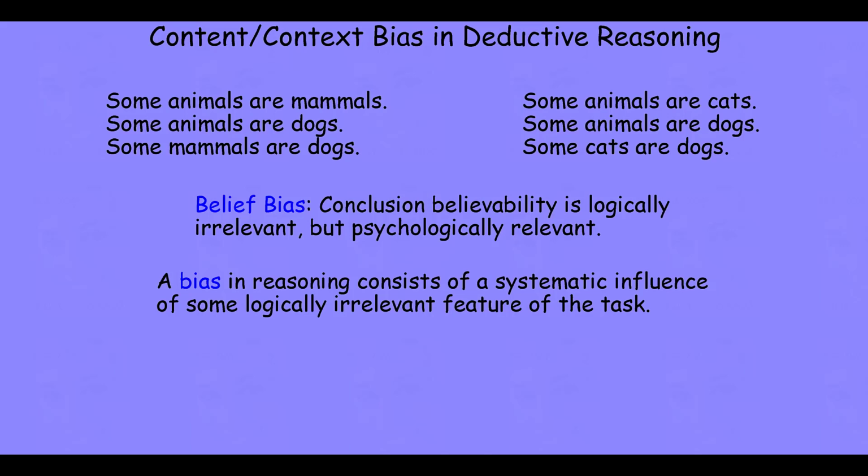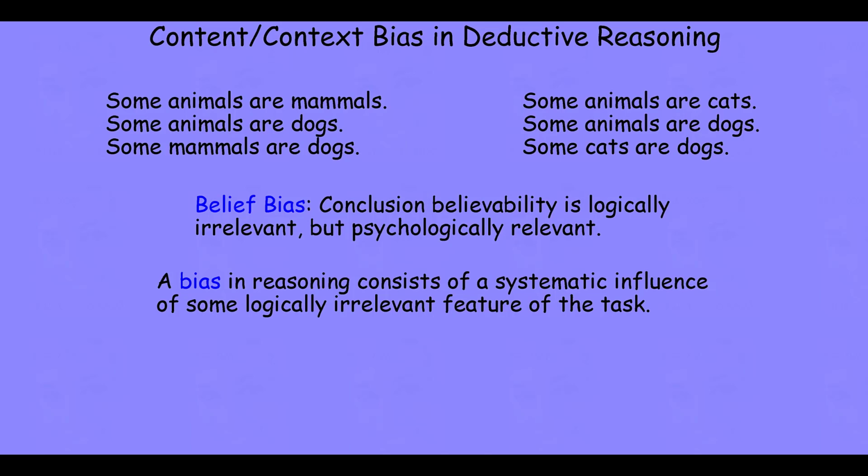We can see that this is a bad argument by putting in different content. If we change the argument's content without changing the relationships in the argument, we can see that the truth of the initial statements won't guarantee the truth of the conclusion.